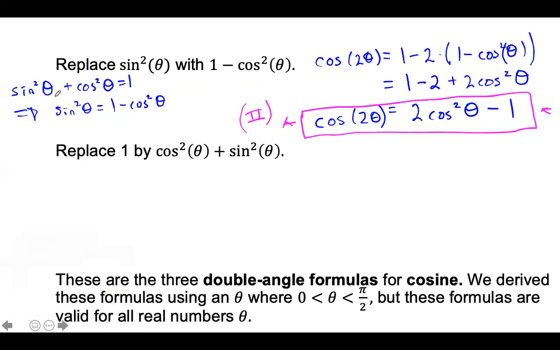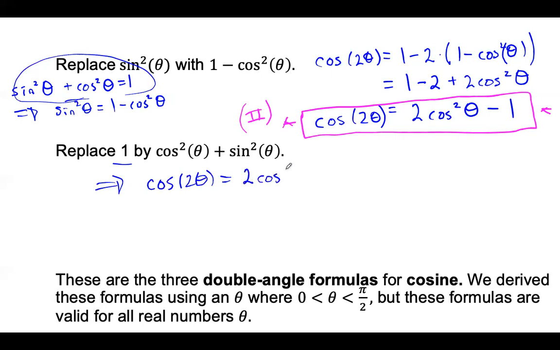Now from this part again, sine squared plus cos squared equals 1. We can replace the 1 here by cos squared plus sine squared. So this implies our cos 2 theta is equal to 2 cos squared theta minus, so we're going to replace this 1 by cos squared plus sine squared, because that's equal to 1.